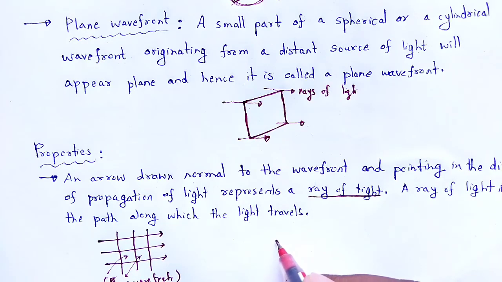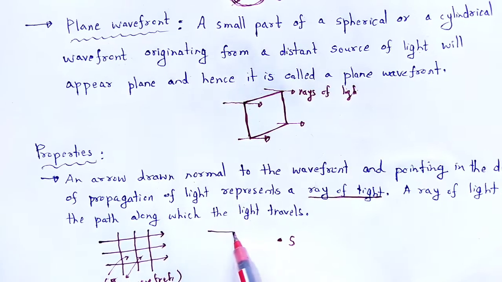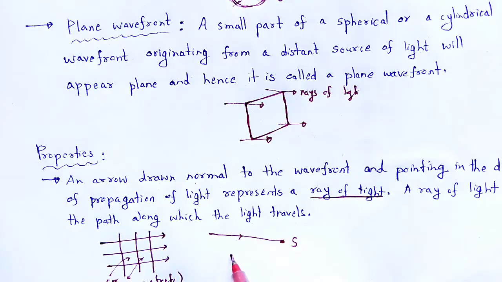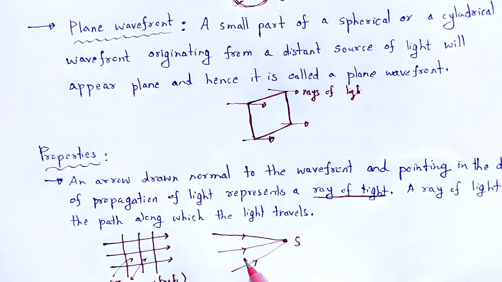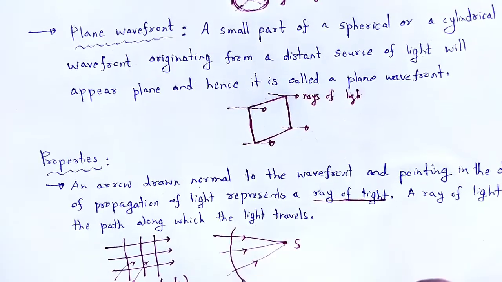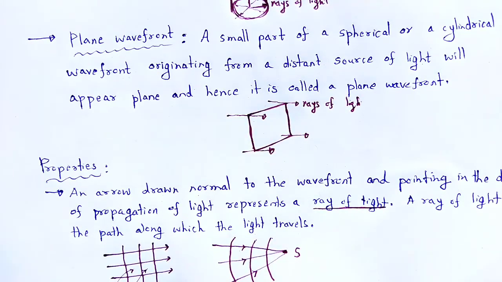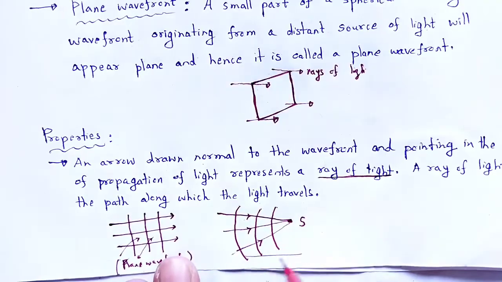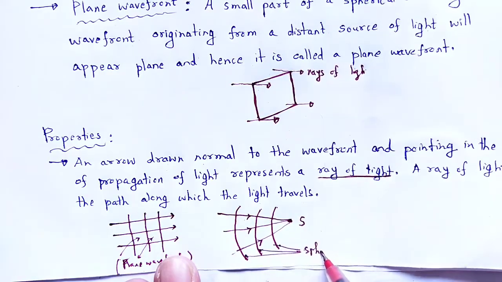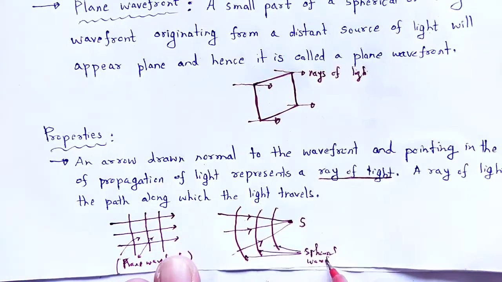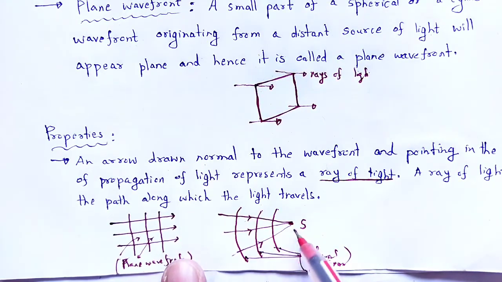Now, if S be the source, the beam of light converges. So, the wavefronts are represented like this. These are the spherical wavefronts due to that converging beam.